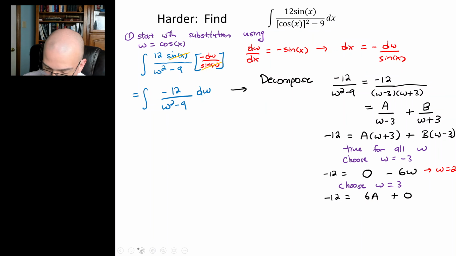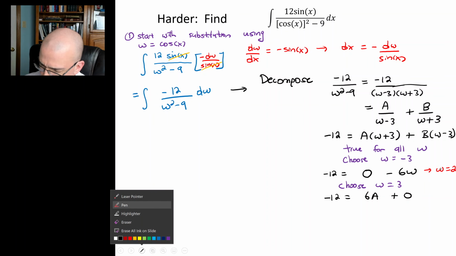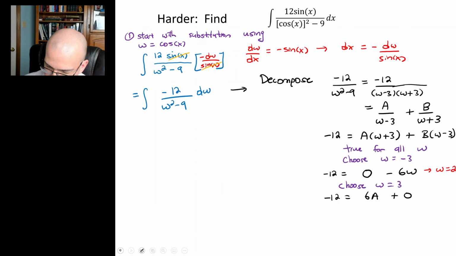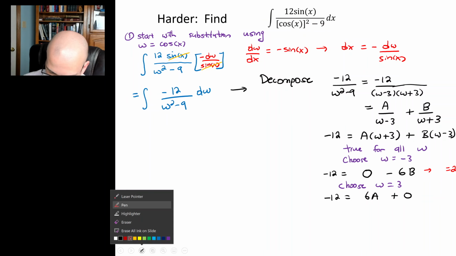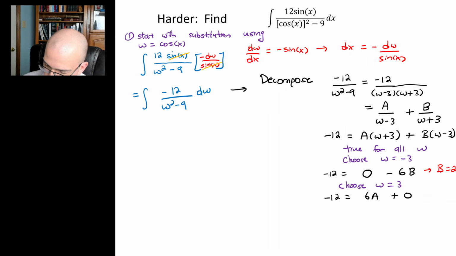That means a is equal to negative 2. I'm sorry, I was confused about which variable I was solving for. I'm not solving for w. There, sorry about that.